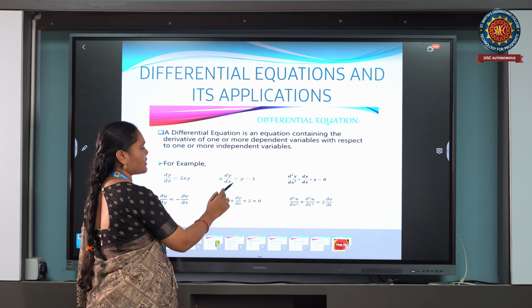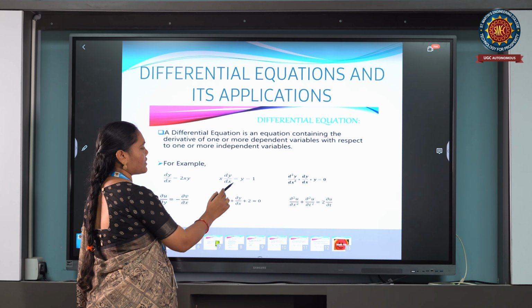Finally, sin inverse y is equal to sin inverse x plus c, which can also be written as sin inverse c. See, this is our required solution of the first order differential equation.